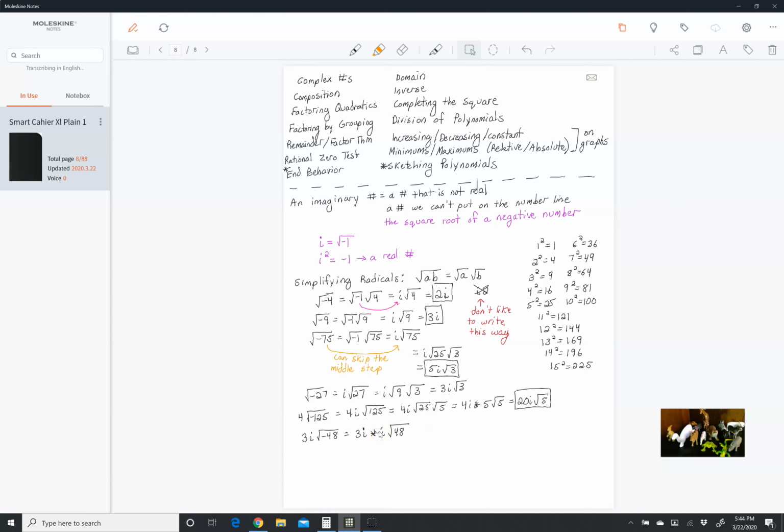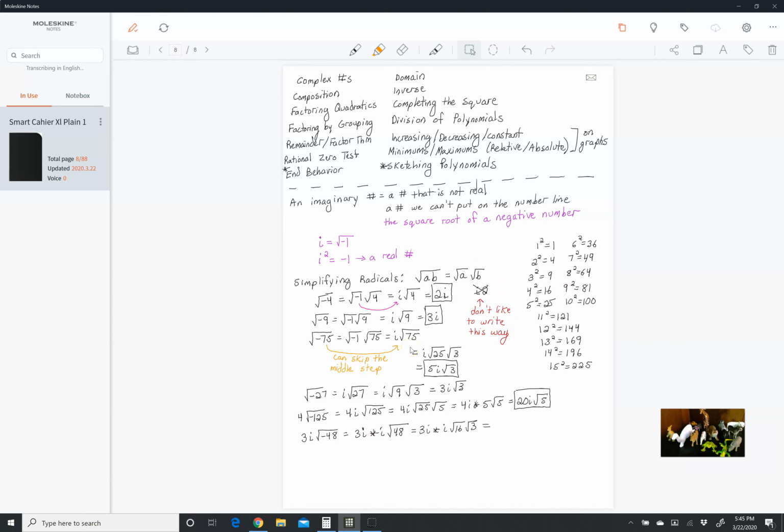Let's just keep simplifying. So that means that we have 3i times i square root of 16 square root of 3. So notice I can do this quickly because I really know these perfect squares. Also I'm the one making up the problems, so it's easier for me. But you can use a calculator.